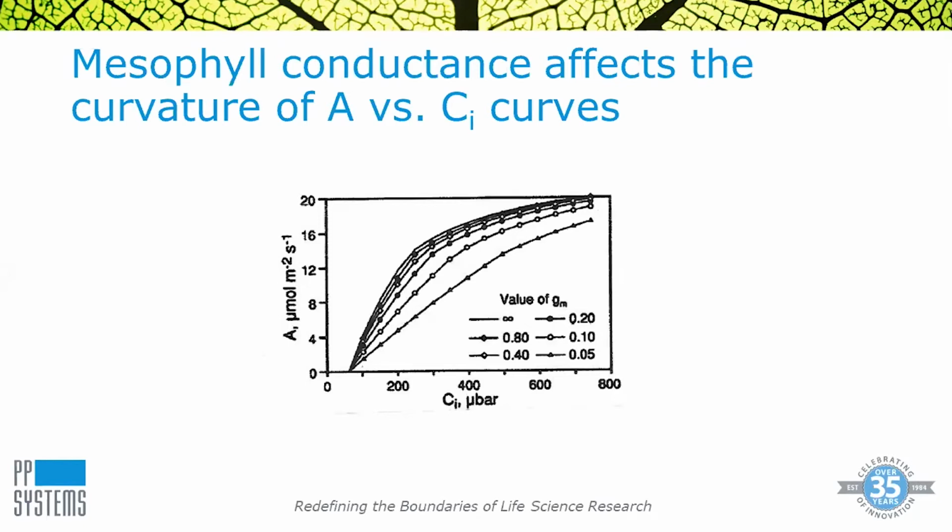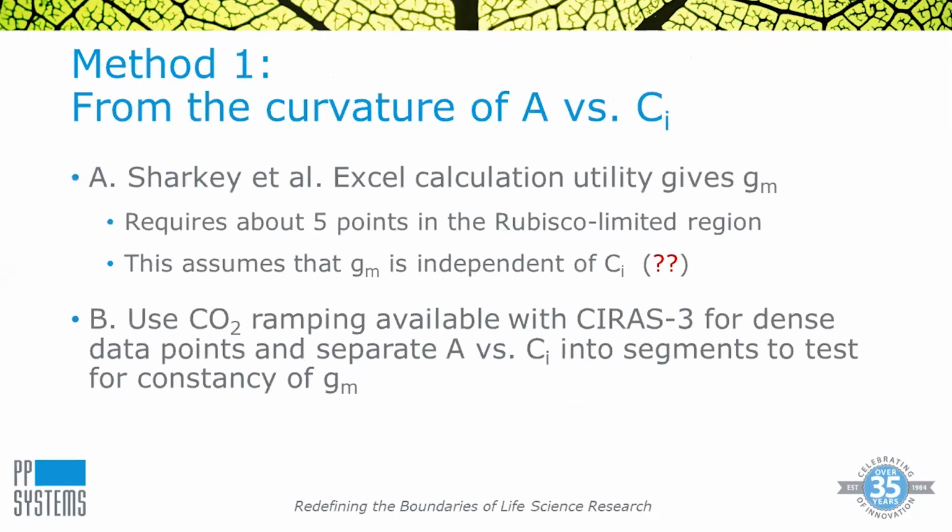And that is the first way of measuring it. So method one for measuring it is just from the curvature of the A versus CI curve. There's an open access Excel utility published by Sharkey et al. that gives values for mesophyll conductance from A-CI data.